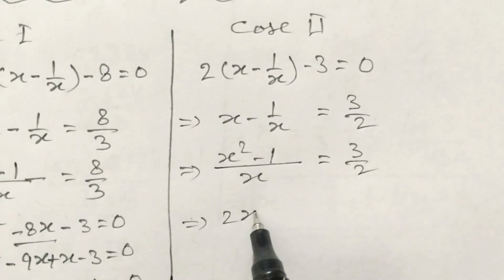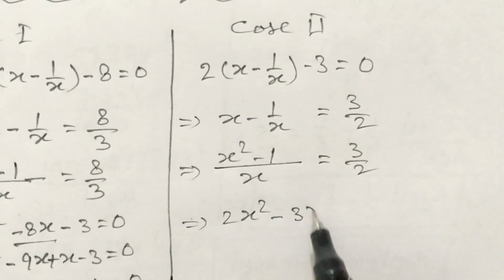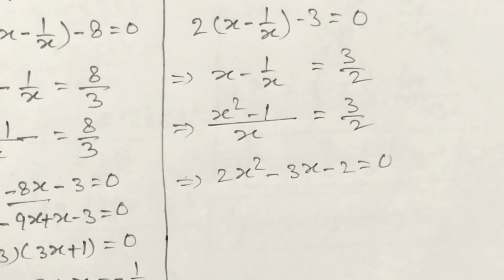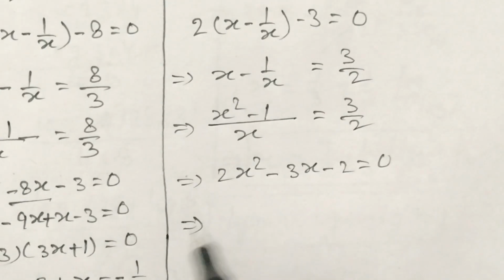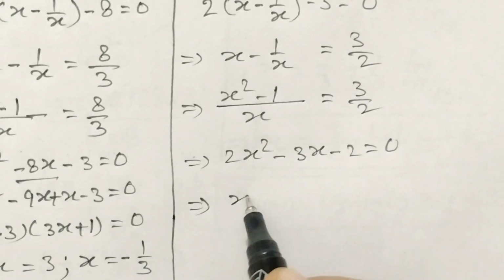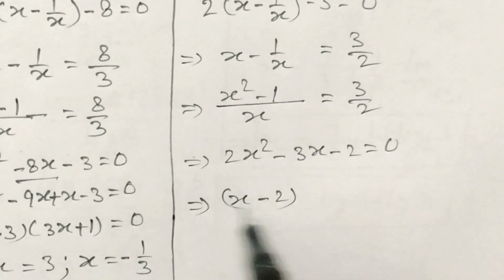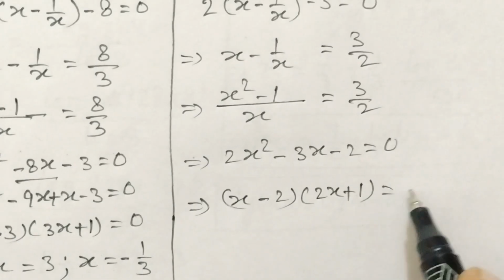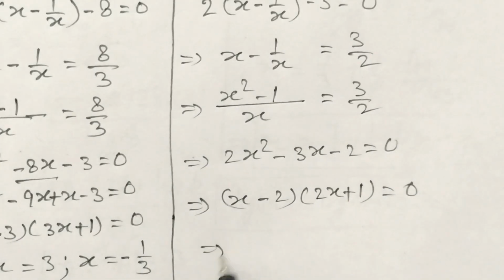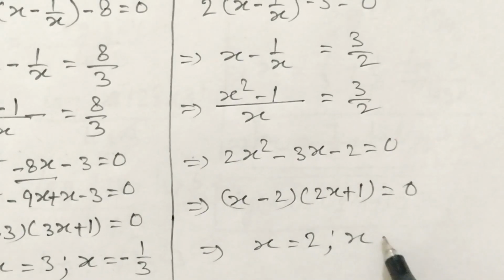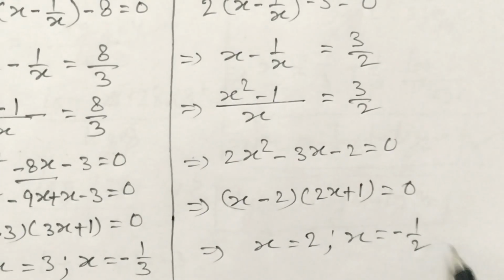So 2x^2 - 3x - 2 is equal to 0, right? If we factorize this equation, we get (x - 2)(2x + 1) is equal to 0, or x is equal to 2 and x is equal to minus 1/2, right?